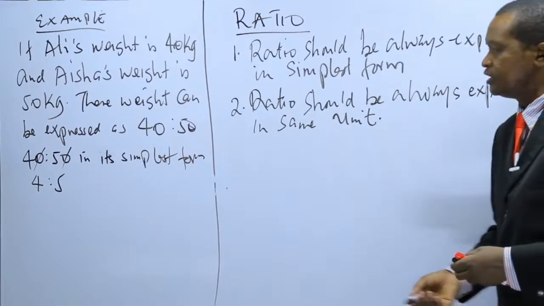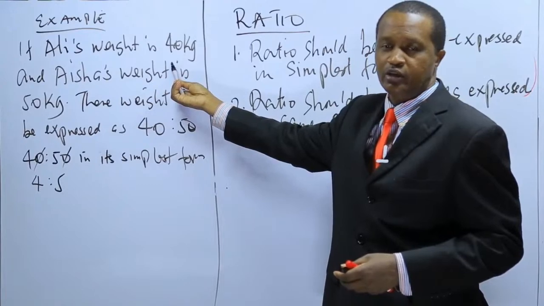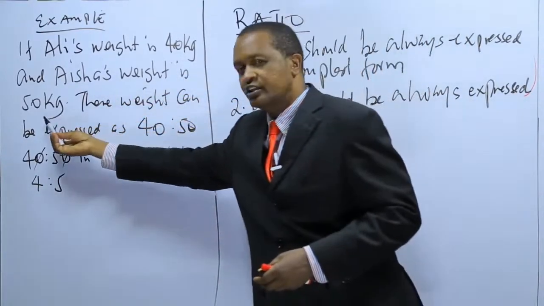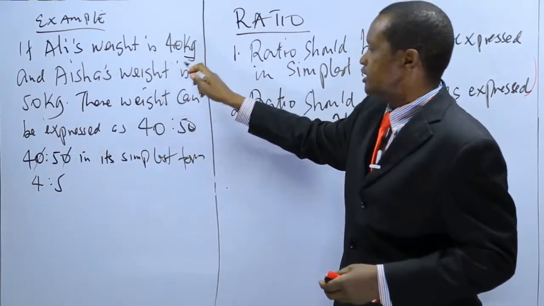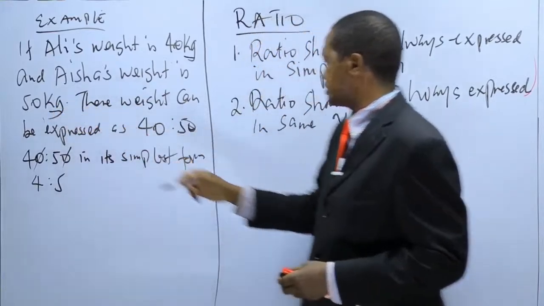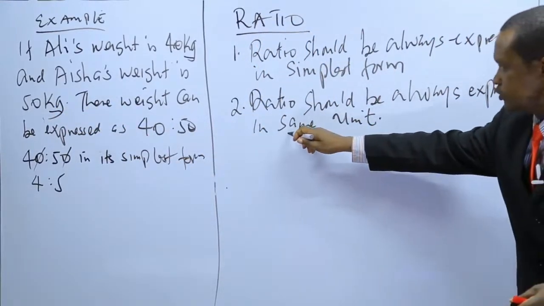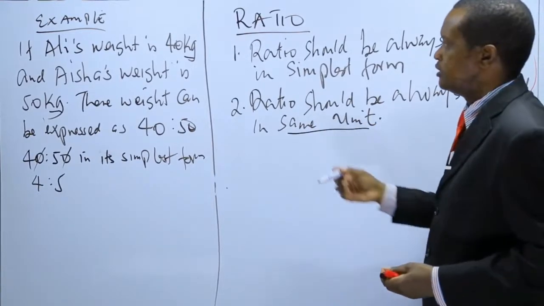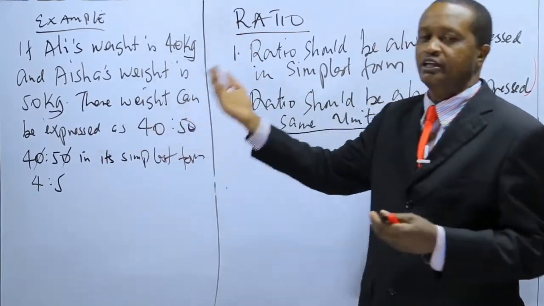For example, here we say that Ali's weight is 40 kilograms. Aisha's weight is 50 kilograms. So these kilograms and these kilograms are what we are saying is the same unit. You should not have a scenario where a quantity is expressed in a different unit from the other.